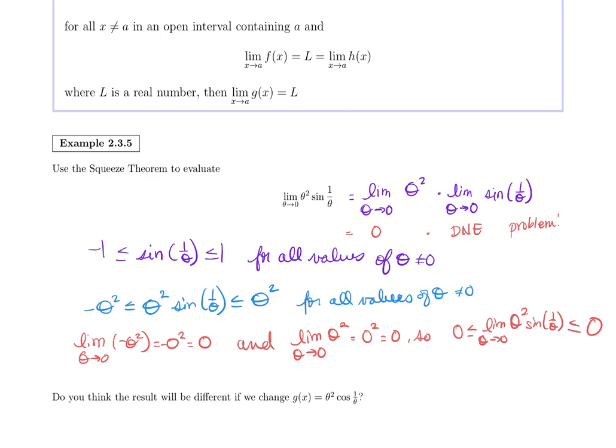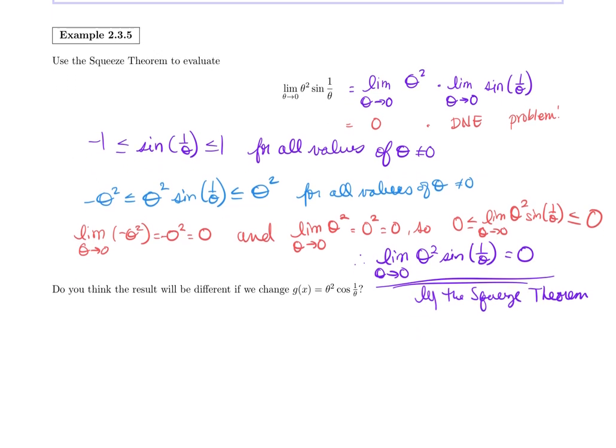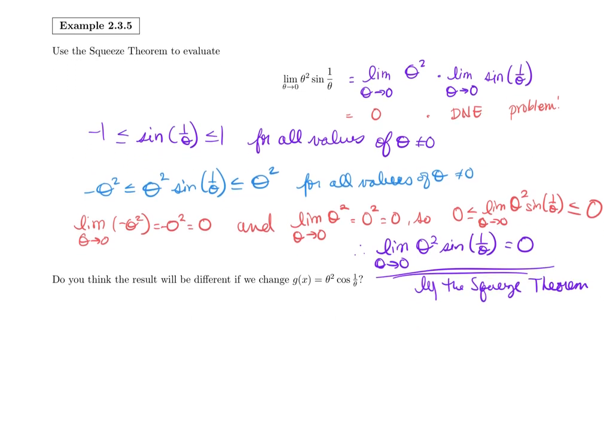So therefore our limit as theta goes to 0 of theta squared sine of 1 over theta is going to equal 0. And this is by the squeeze theorem. Right? By the squeeze theorem. So it's a little bit of an abstraction, but I think we can get there.